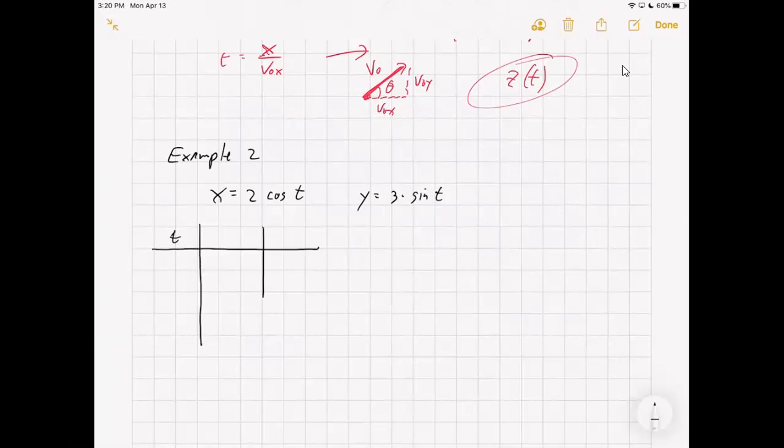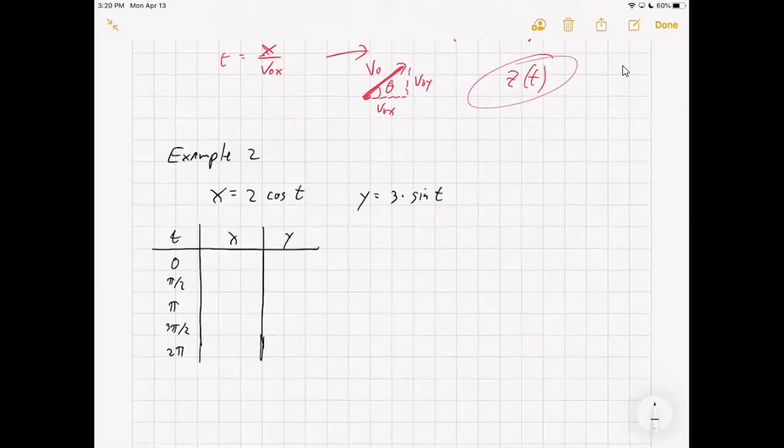Call this a 3-column t-table. Now, if we're working with sines and cosines, I don't want to put in integer values. What I want to do is put in things like pi over 2 and pi and 3 pi over 2 and 2 pi.